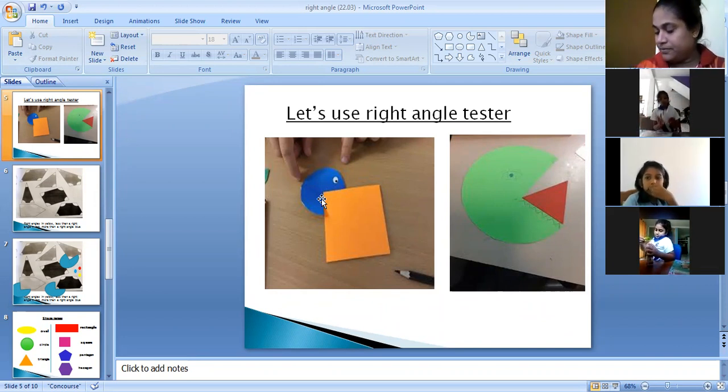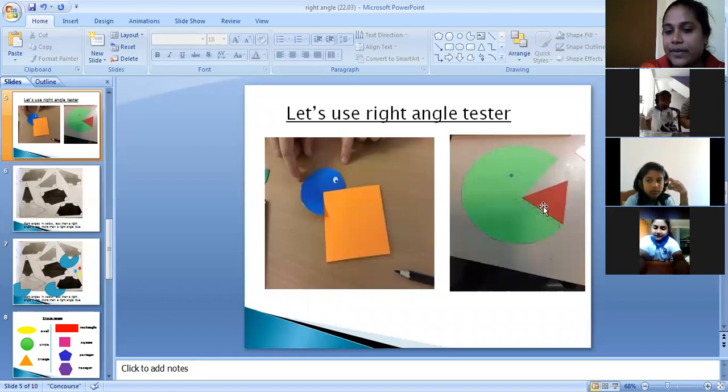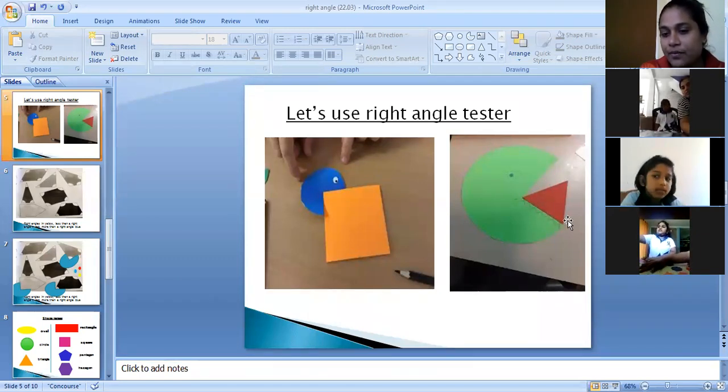And now let's move on to our activity. Here we have checked a rectangle and a triangle. Here look at this picture. Does this triangle fit with the open area? Has it fitted, or is there a space?